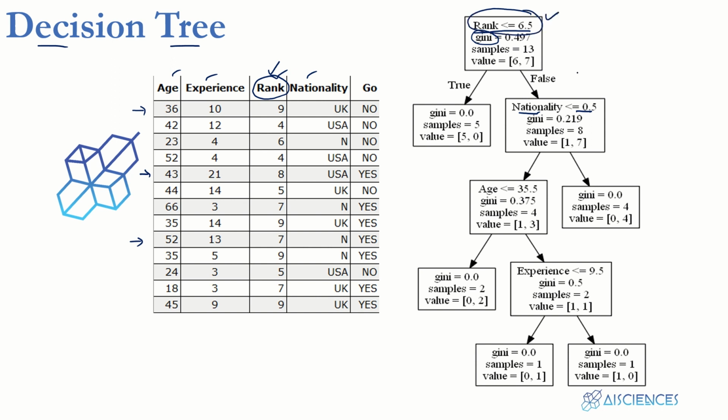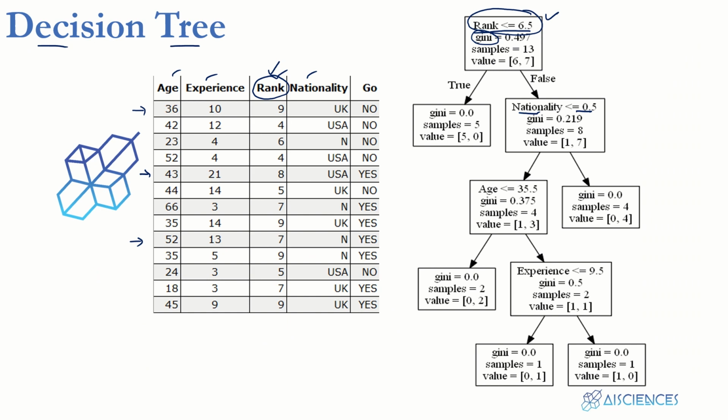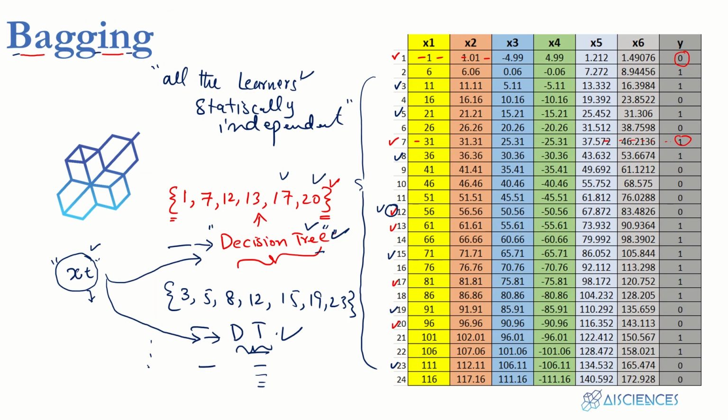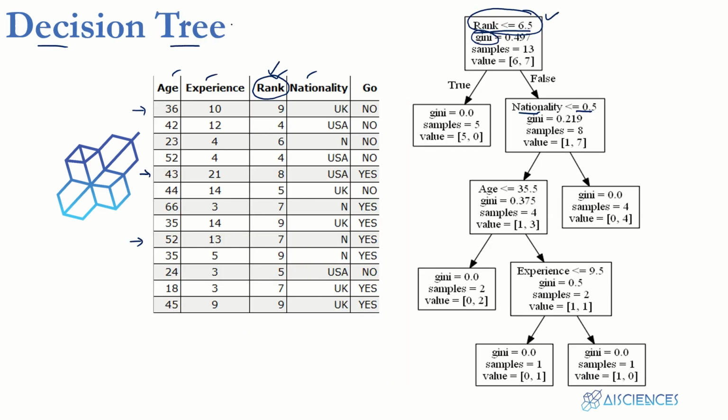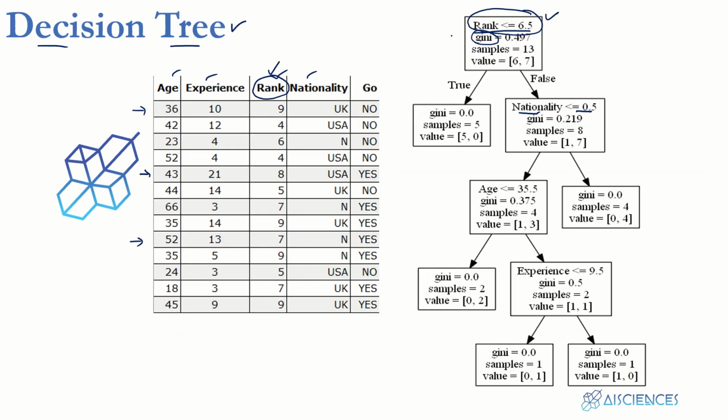The ordering of this attribute makes different decision trees, even though they are trained on different subsets, become correlated, and they will not stay statistically independent, which is the assumption for bagging to work better. If we take the idea of bagging with a decision tree as the base learner, and somehow break this dependence and correlation caused by the decision tree, that is basically the main idea of random forest.